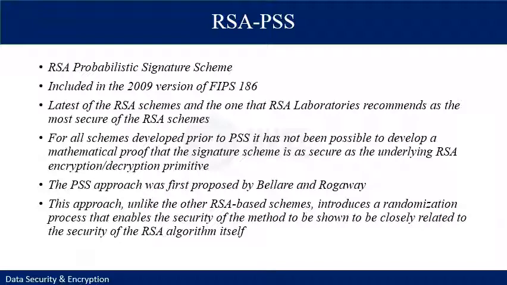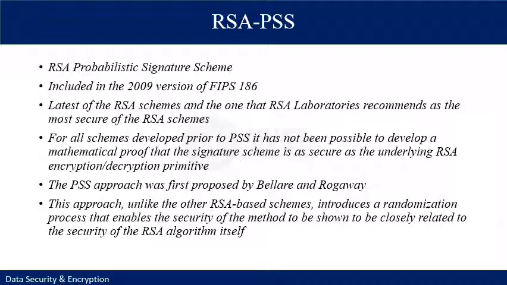Because RSA-based schemes are widely deployed in many applications including financial applications, there has been great interest in demonstrating that such schemes are secure. For all schemes developed prior to this probabilistic signature scheme, it has not been possible to develop a mathematical proof that the signature scheme is as secure as the underlying RSA encryption/decryption primitive.